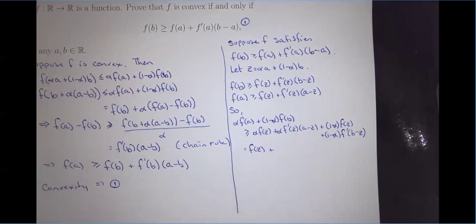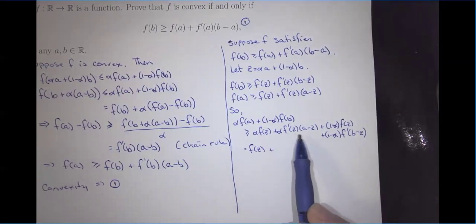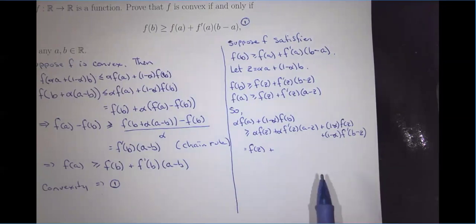Plus, what else do we have here? We've got alpha f prime of z times a minus z. So maybe it'll be easier if we break this up.